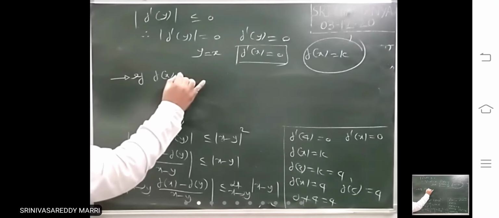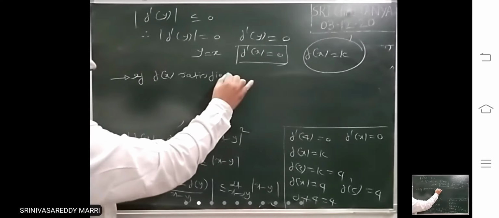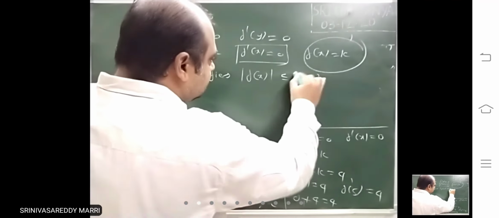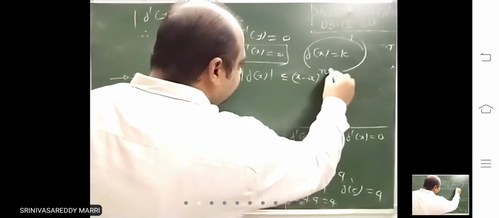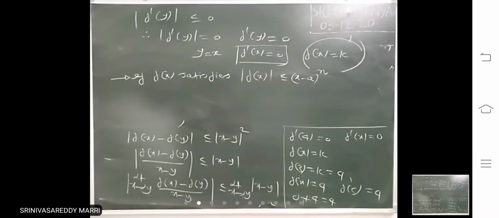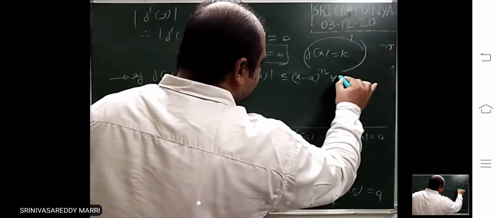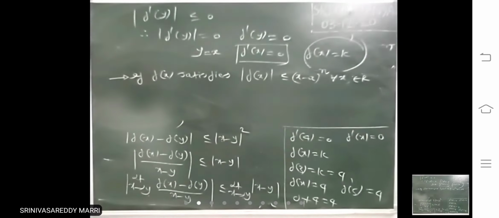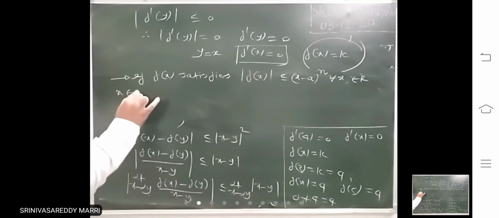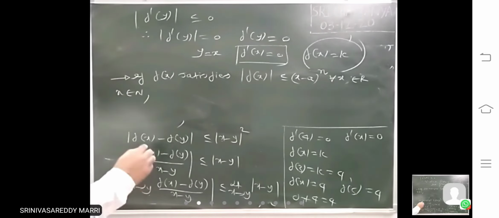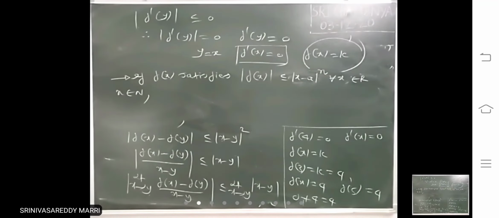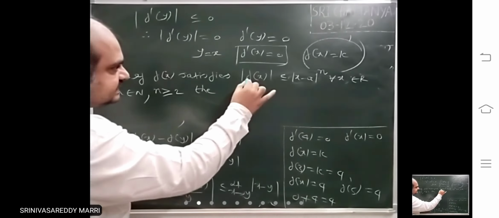If f of x satisfies modulus f of x less than or equal to modulus x minus a whole power n, for all x belongs to R and n belongs to N, n greater than or equal to 10. Only x is there here, and here the x minus a factor is there.